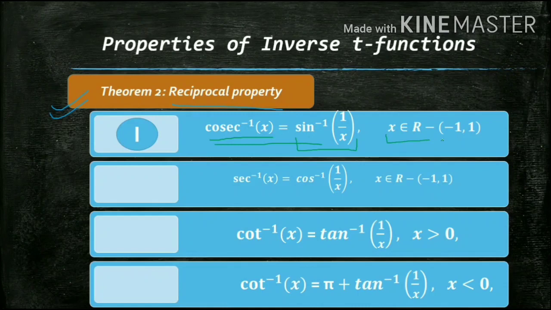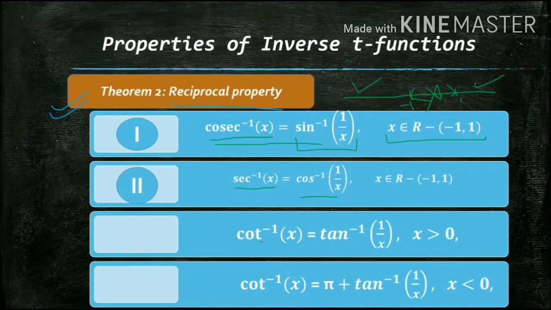But remember, for x in R minus the interval from minus 1 to 1, that means whole real line excluding this interval. That means x must not lie in this region. Either lie in this or in this. Then you can do. Similarly, sec inverse x equals cos inverse of 1 by x, and for x in the same set, either less than minus 1, greater than 1, but not in the middle.